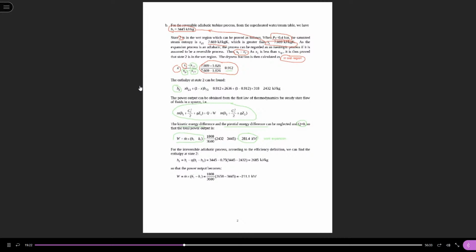This is for the first. However, the second question is regarding the irreversible process. There is a definition of its efficiency. As I have mentioned, the reversible process is usually used for reference.